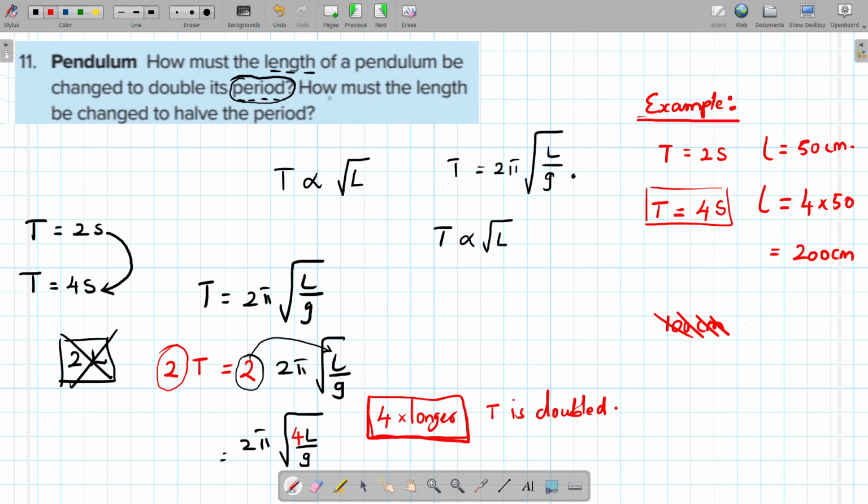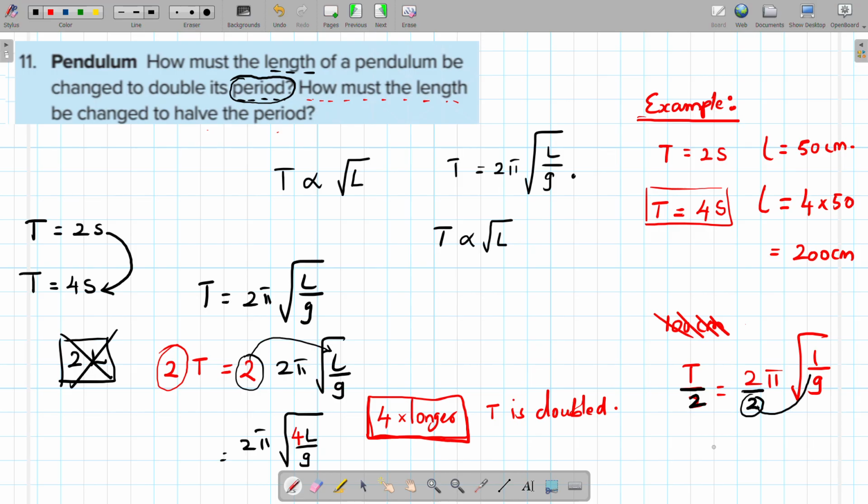Now, the next question: how must the length be changed to halve the period? Half the period means T by 2 equals 2 pi square root of L by G. If you want to make the time period half, put a half here and a half there.